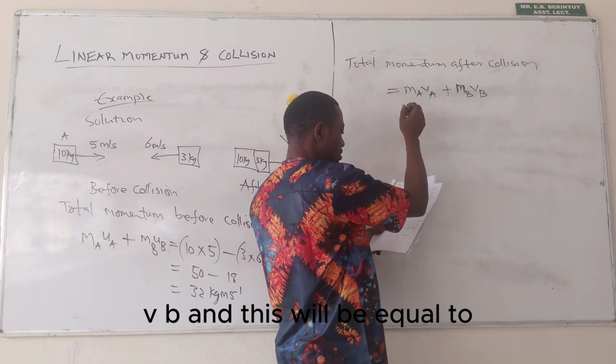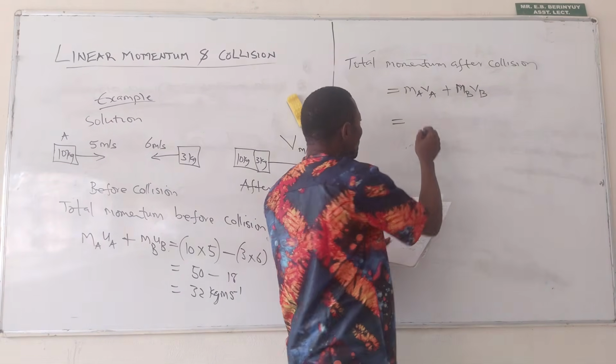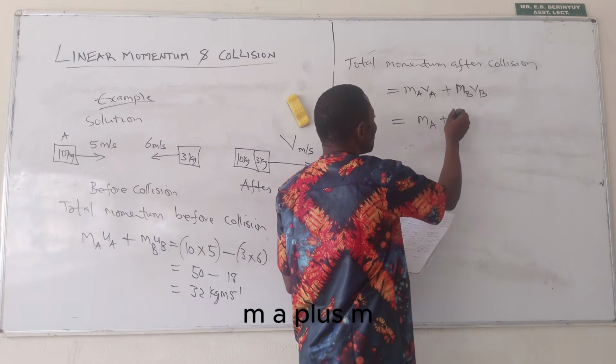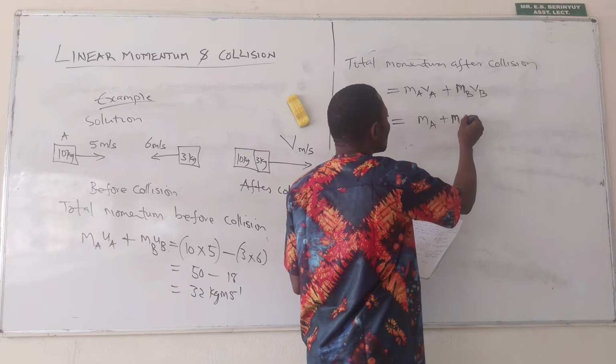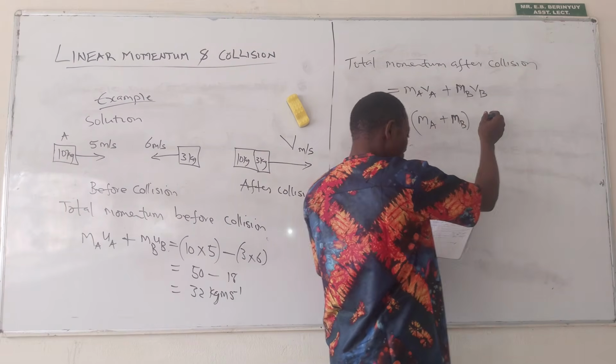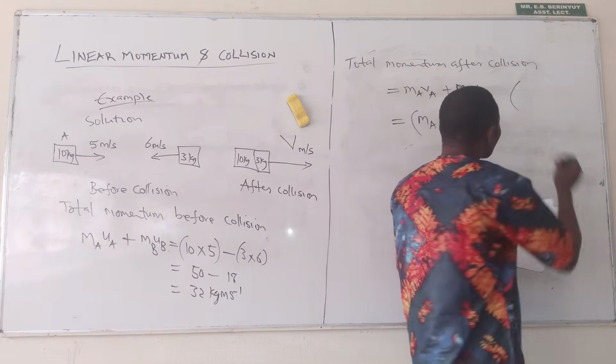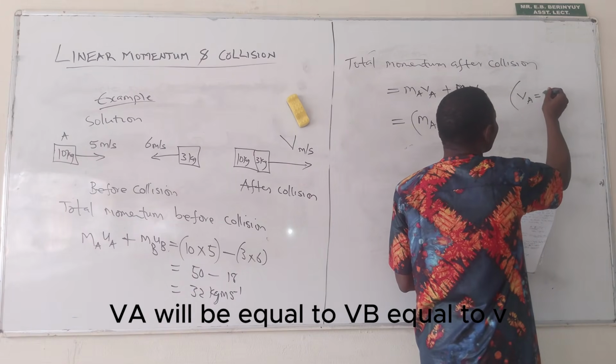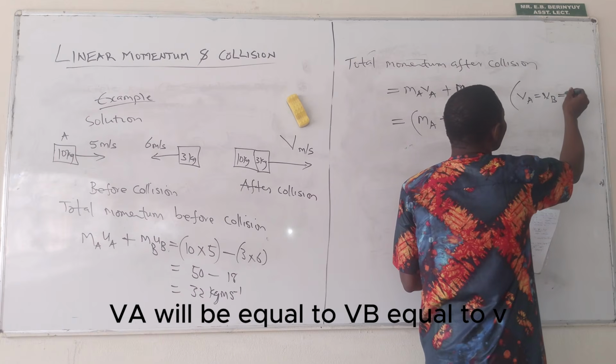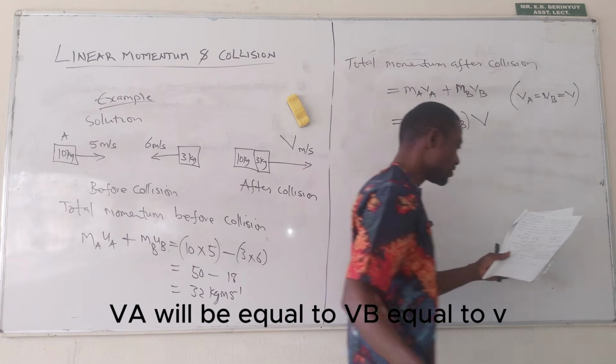And this will be equal to MA plus MB into V, since VA is equal to VB, equal to V.